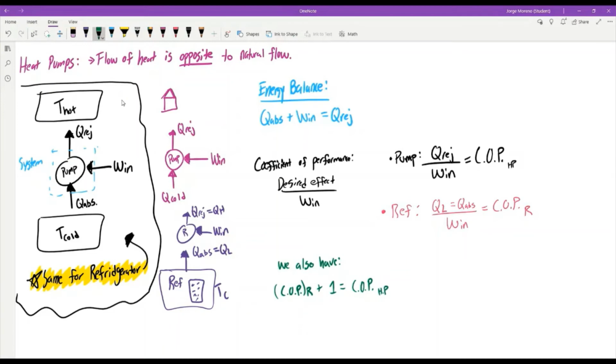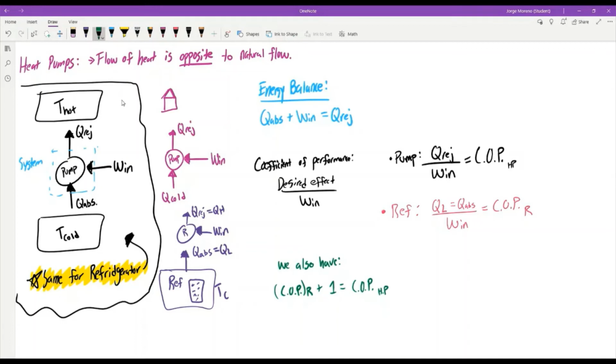So this means that the coefficient of performance of a heat pump will always be greater than the coefficient of performance for a refrigerator. This is because the heat pump's desired effect is the Q rejected to the hot source. And from the energy balance, Q rejected is greater than Q absorbed, as you can see up here.